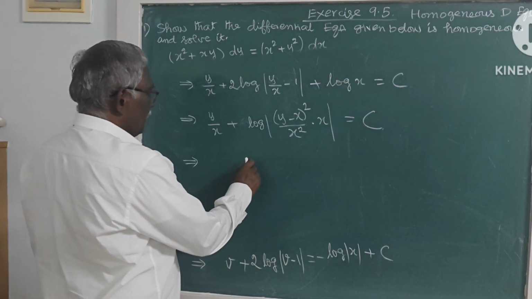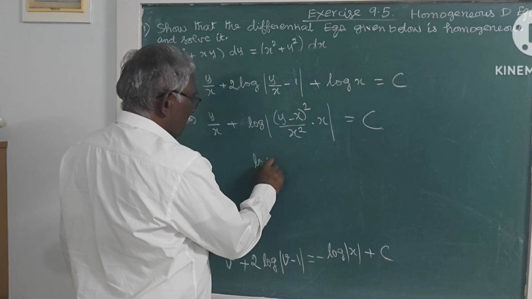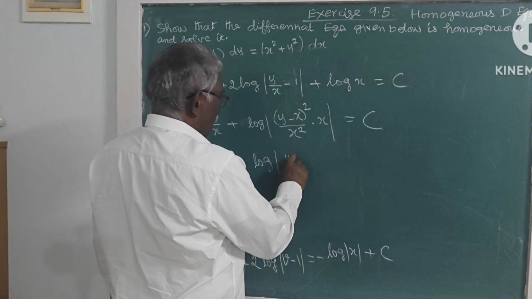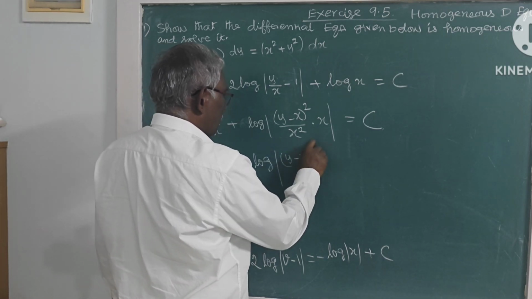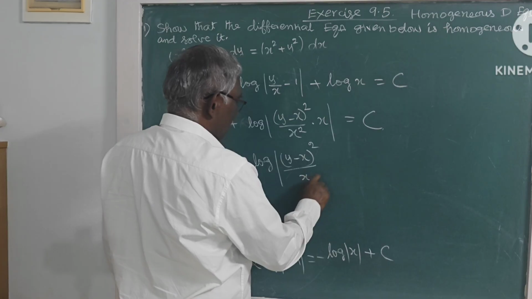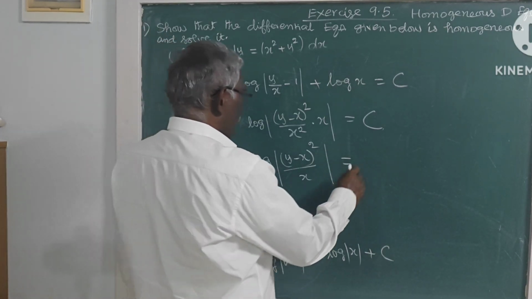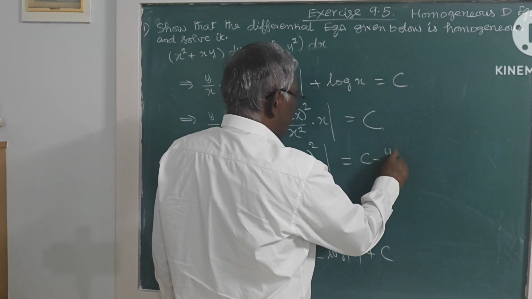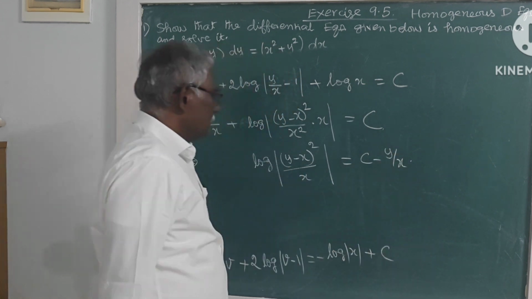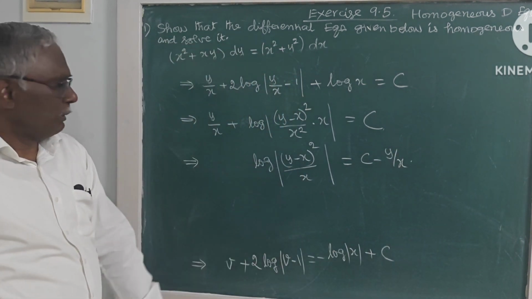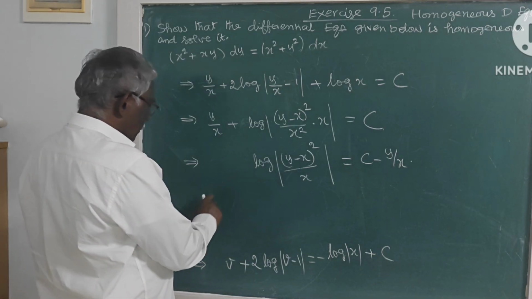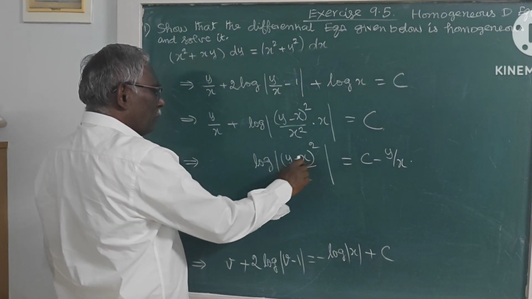Or we write this as log of (y minus x) whole square by x is equal to c minus y by x. So we have to find the value of y.